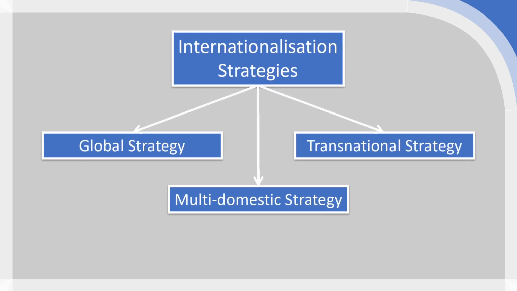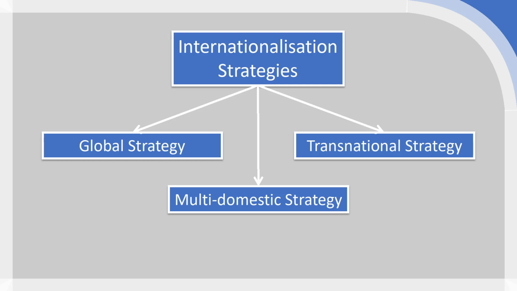So there are three major strategic approaches that we can use. There's a global strategy, a multi-domestic strategy, and a transnational strategy, and each of them plays a particular part on this scale. Global strategy is very much trying to maximize the efficiency of operating on the global stage, at a scale where you're operating in multiple countries.